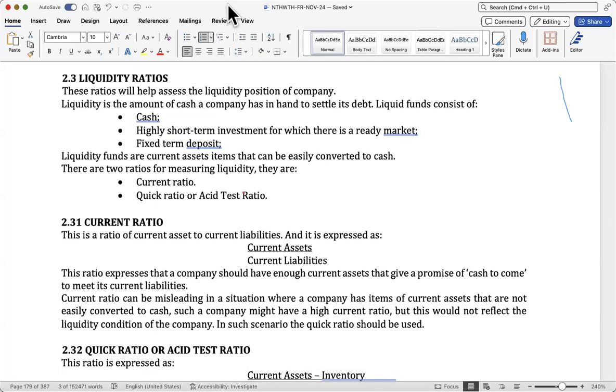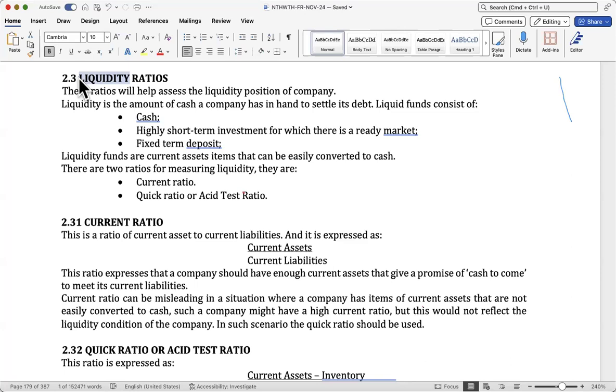Then the next one is liquidity ratios. In reporting, liquidity means cash and highly liquid short-term investments. Liquidity is not just cash, it includes near cash, which IAS 7 calls cash equivalents.